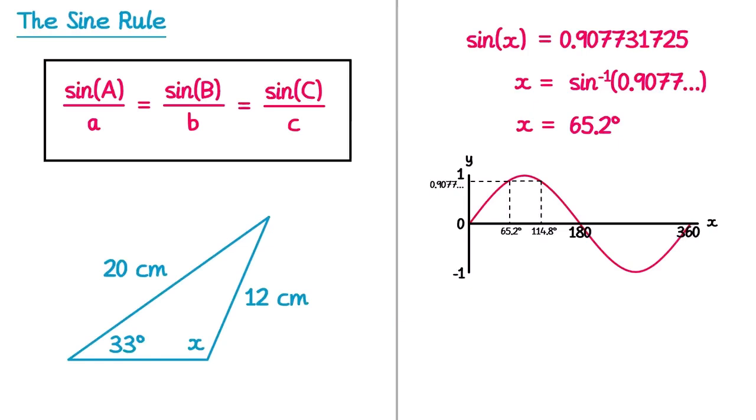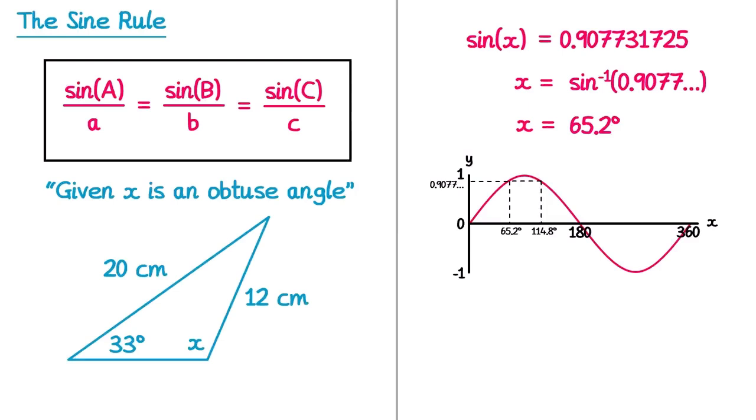But the question would need to give you some information to indicate which of the two angles it wanted. So for example, the question may say, given x is an obtuse angle. Now I missed that information out, obviously, because I didn't want to give away what was happening in this question. But the exam question will always give you some indication of whether that angle is obtuse or acute. This will help you choose the right one when you come to do your answer.